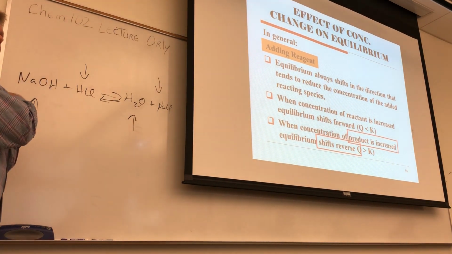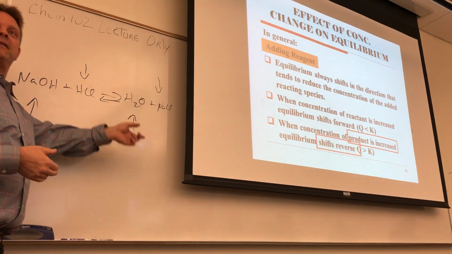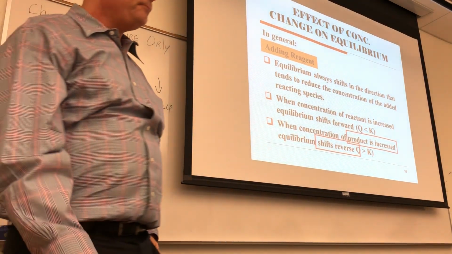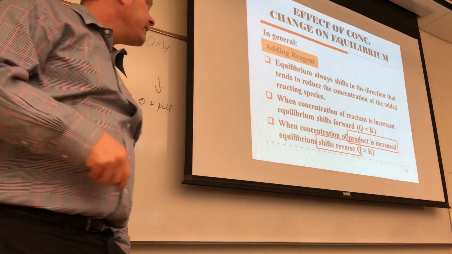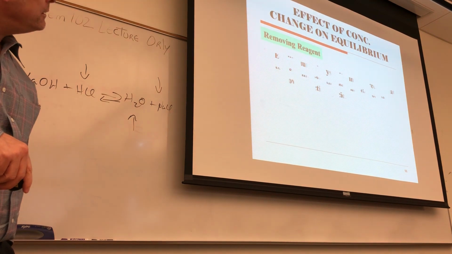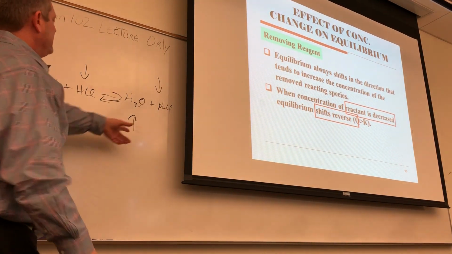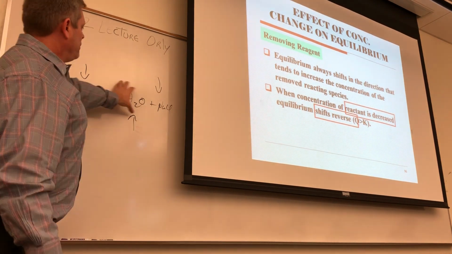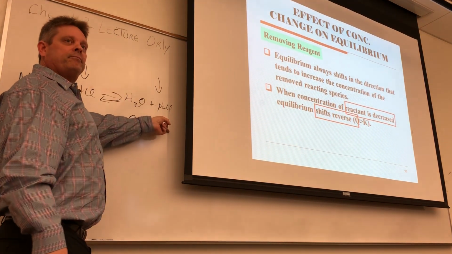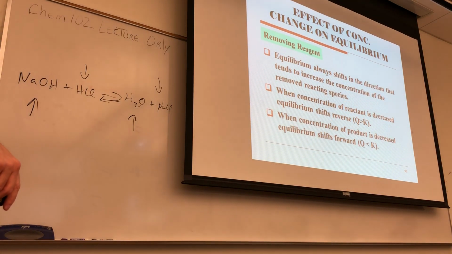And if it was less than the Kc, then I know it's moving that direction, this way, right? Just to put that in context. So that's why it has the QC is less than Kc here and QC is more than Kc there. Okay. Removing reagent, so if I take this away, it's going to shift it towards it. If I take this away, it's going to shift it towards it. That's all that's saying. Just another group of fancy ways to say things that have very simple meanings.